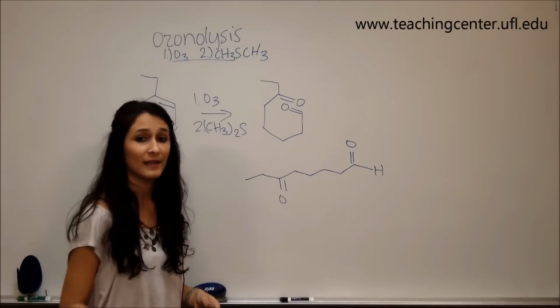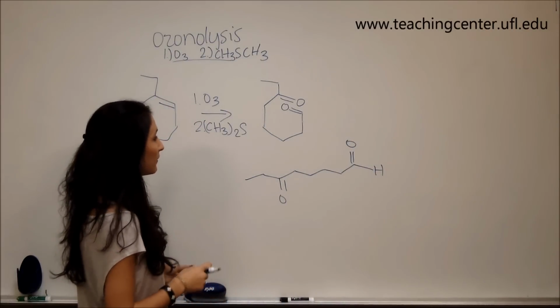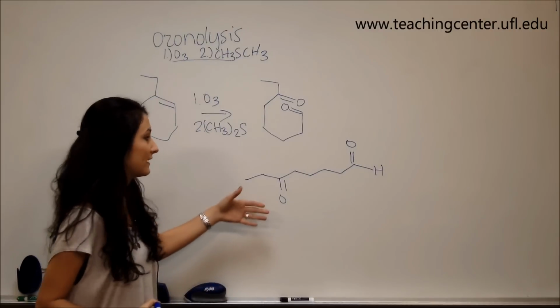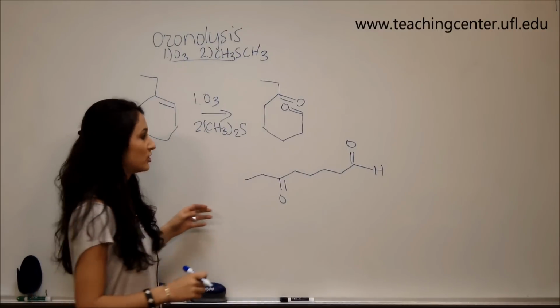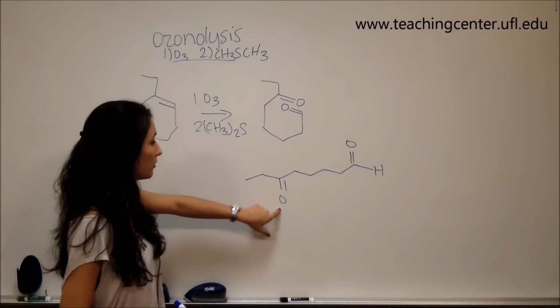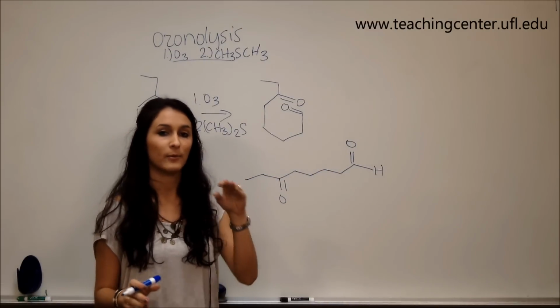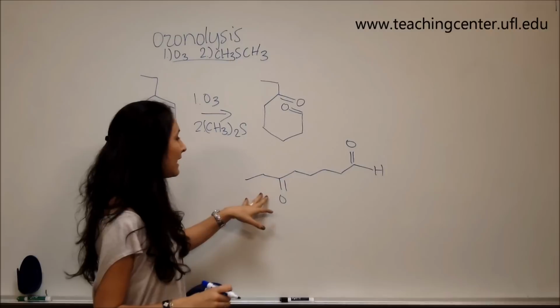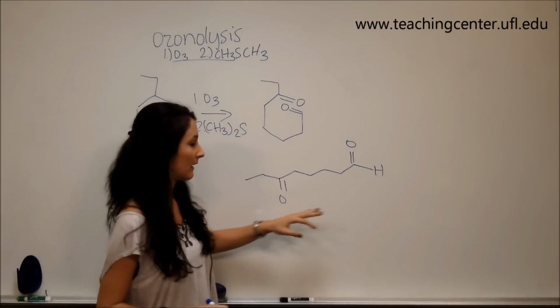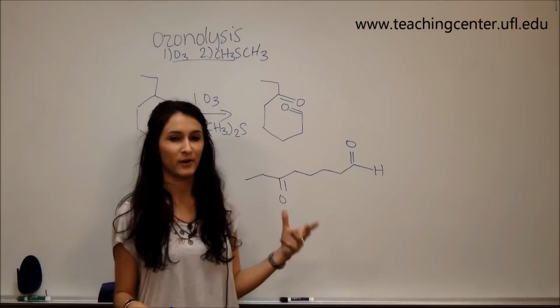So how would you be able to tell what this came from? Basically, you would just realize that you have two oxygens, and since they're not two separate products like they were before, because remember, before we got an aldehyde and a ketone, now we have one molecule with a ketone and an aldehyde as part of it.